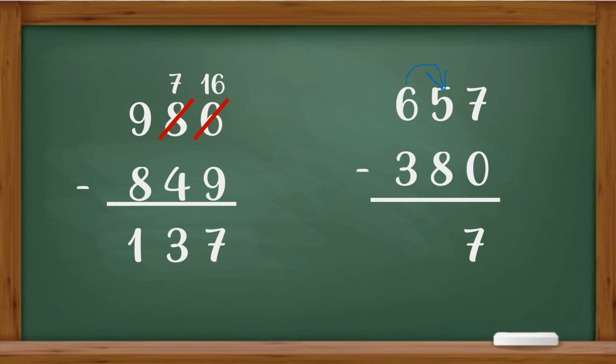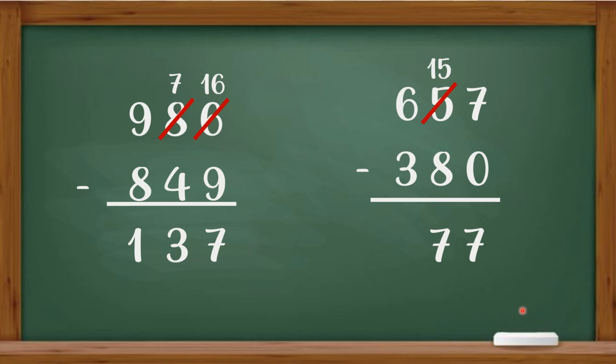First let's cut the 5, and then when we put 1 in the front of 5, it will be 15. So I will write here 15. Now 15 minus 8 is equals to 7.